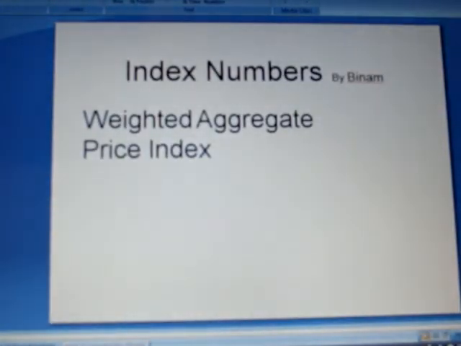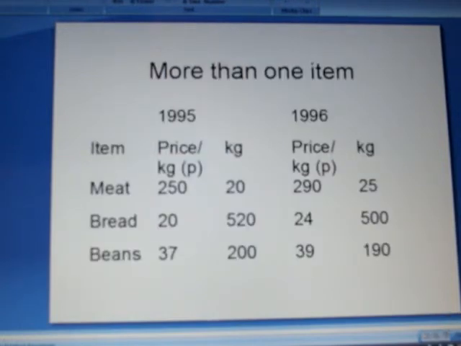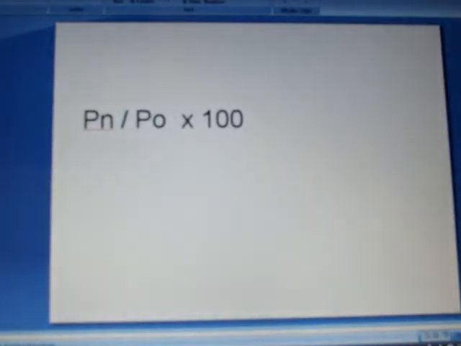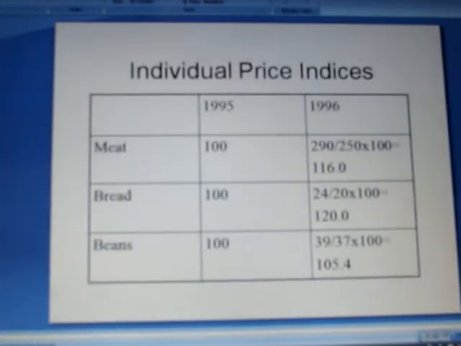Now, if we were to calculate the simple one item price index for meat, bread and beans for the given prices in 1995 and 1996, we can use the same approach as before and find out the index for the year 1996 by keeping the index value for 1995 as 100.